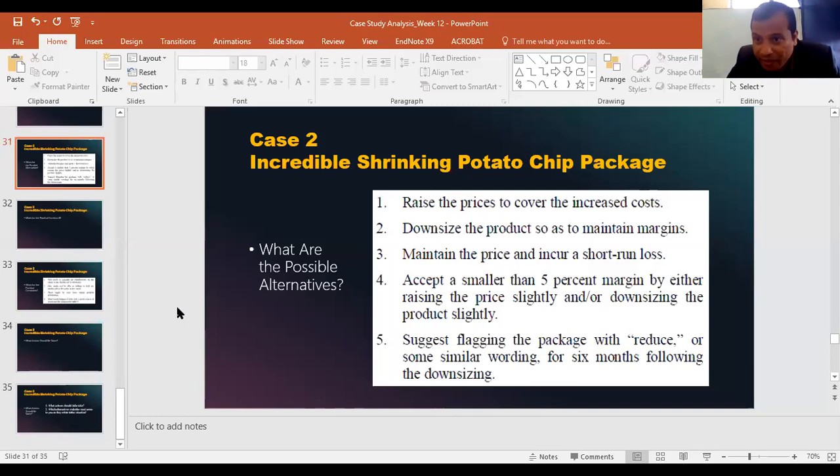Which option did you suggest? The third one, maintain the price and incur a short-term loss. Yep. So the basic assumption is that the company's financial health is good, so a short-term loss can be justified. Okay.